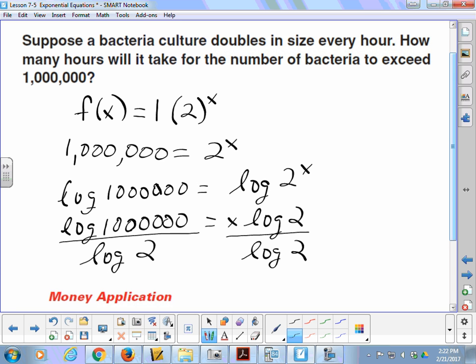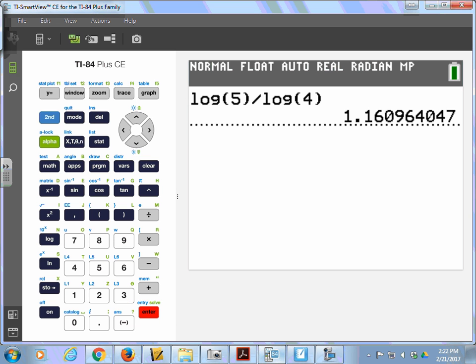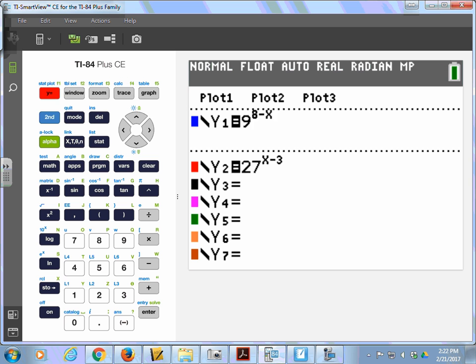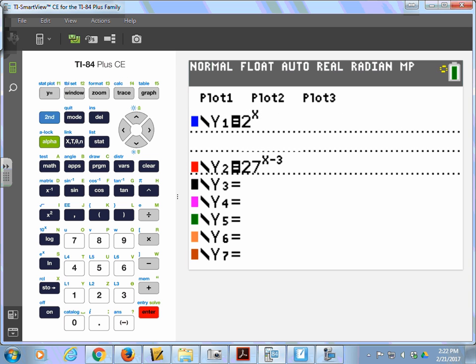All right, so we solve it. So like I said, in this situation, find the answer. If the only way you can find the answer is by graphing it, then graph it. So 2 to the power of x and 1 million.